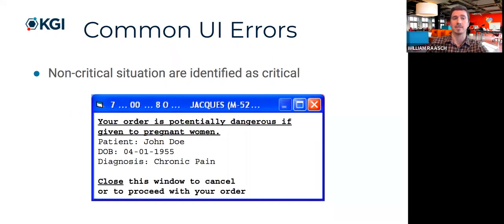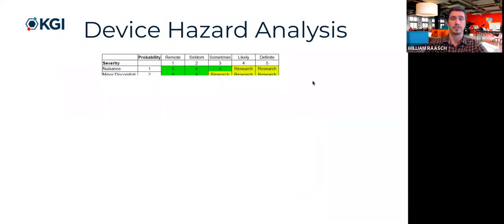Because of that, with a lot of even modern-day health records, whenever someone orders thalidomide, an alert will pop up that says, caution, do not prescribe to pregnant women. That's great, but it turns out that with some of these softwares, it's even popping up for men. If you give a physician too many alerts, they get into a habit of just clicking the X button. So you don't want to over-alert for problems that aren't really problems.